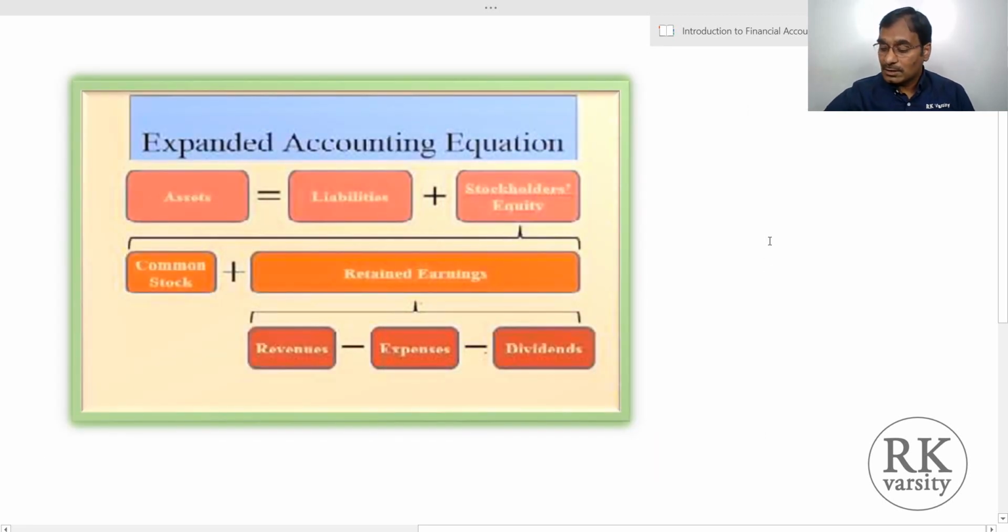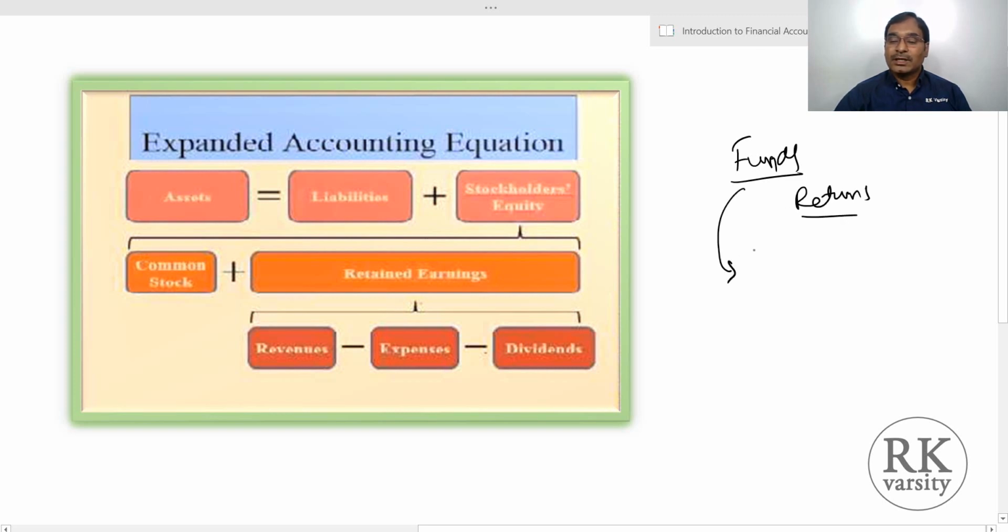Why? Because equity holders provide funds to the business in anticipation of certain returns. So the company uses these funds to procure economic resources, and using these economic resources, it generates certain revenue, and in generating revenue, it also spends some expenses.